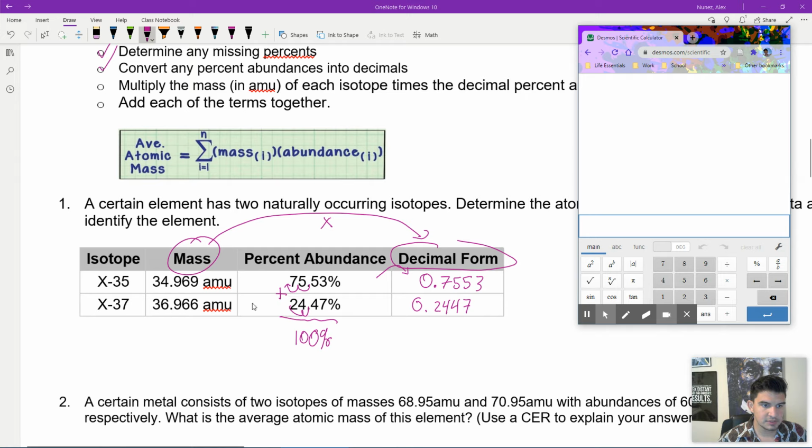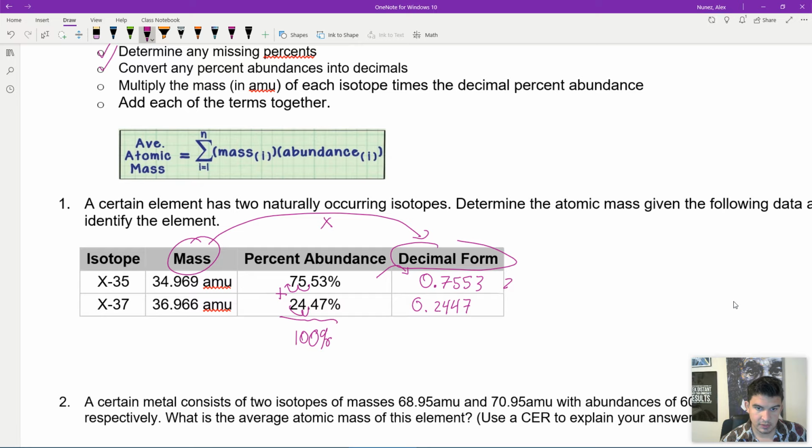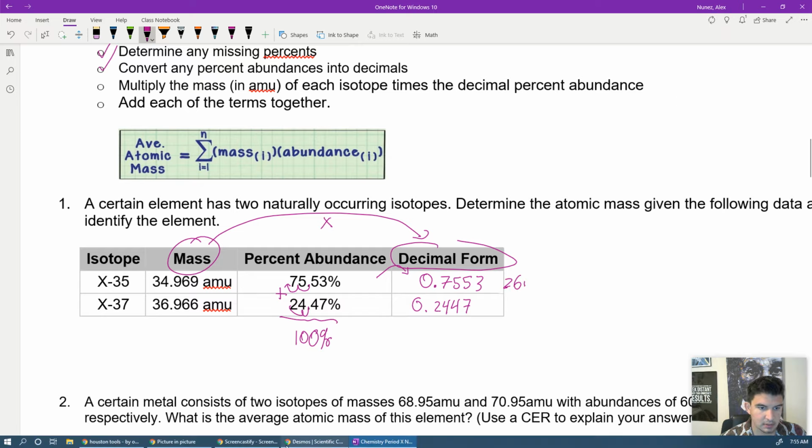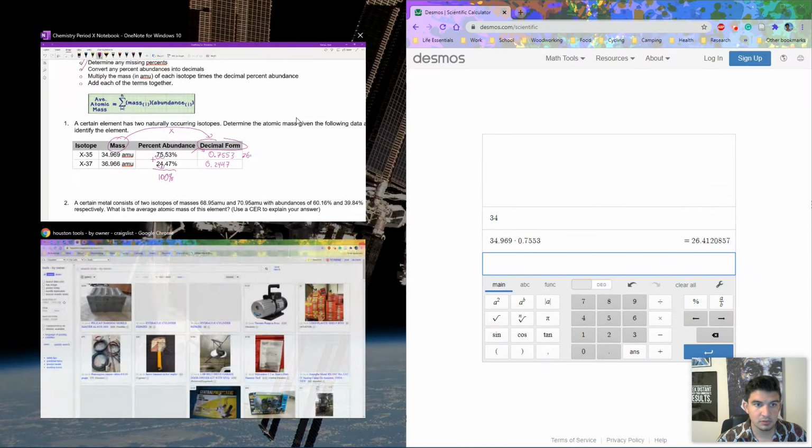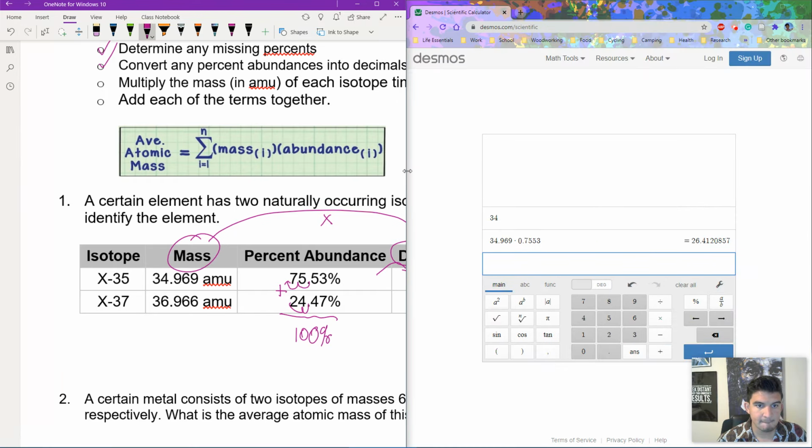So the first one is 34.969 times 0.7553. So that gives me my first mass, 26.412.